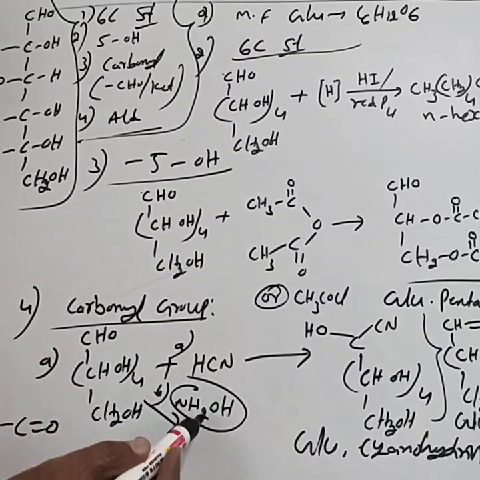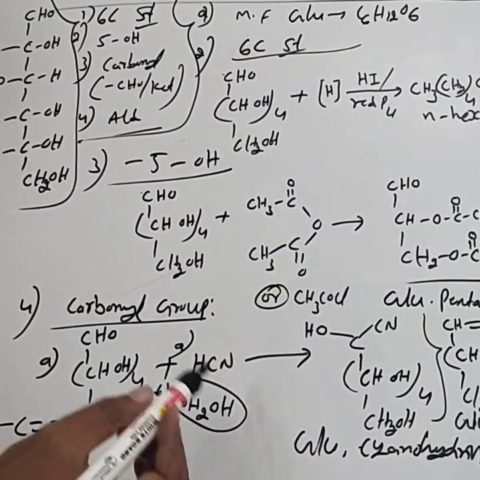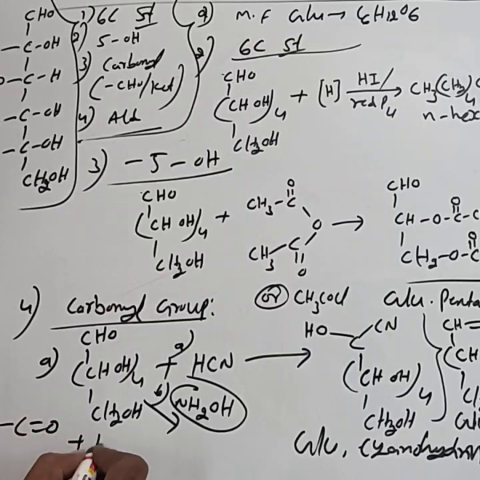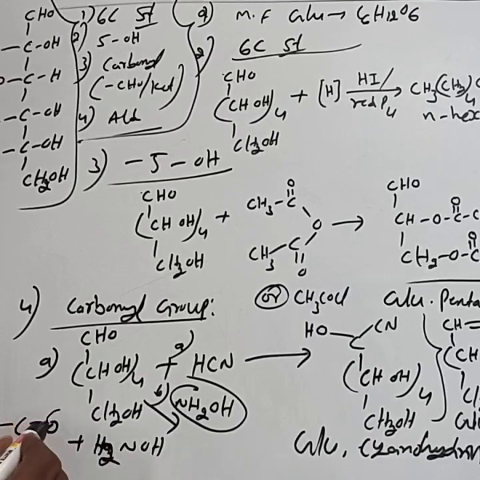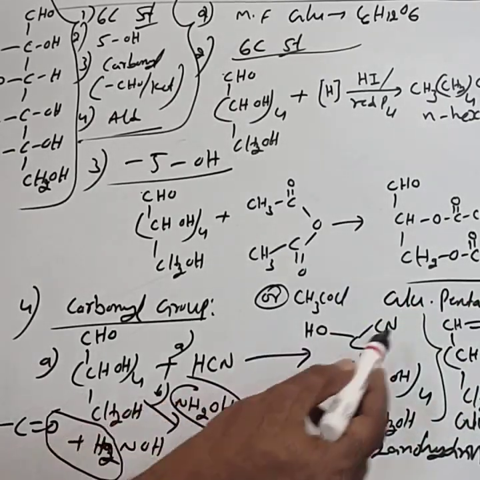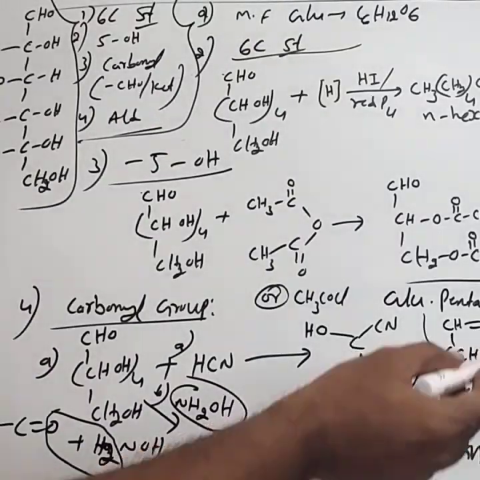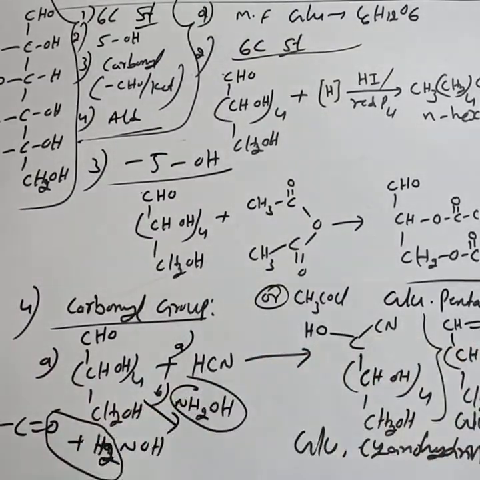Then with hydroxylamine, formula NH2OH, this is the reaction. Water gets removed, then CH double bond NOH. The remaining hydroxyl groups remain the same. This is called glucose oxime.